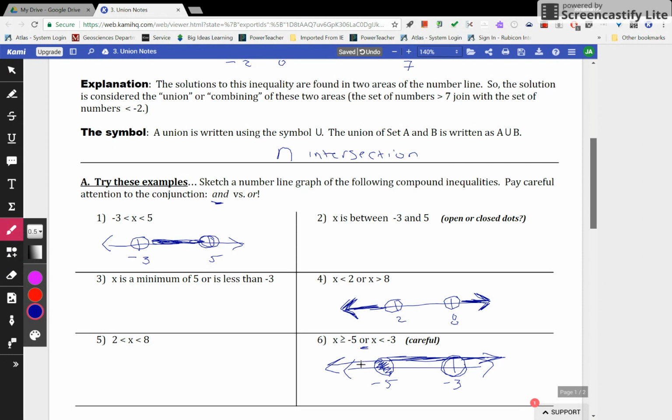And so you could be in the section where you meet both of the requirements, like negative 4, for instance, is greater than negative 5, but it's also less than negative 3. Or you could be in one of the sections that only completes one of them. For instance, you could have 10, which is greater than negative 5 but not less than negative 3. Or you could have a value of negative 6, which is less than negative 3 but not greater than negative 5. And so in this case, this actually turns out to be all real numbers. The reason for that is that there's no single number that's not either greater than or equal to negative 5 or less than negative 3.